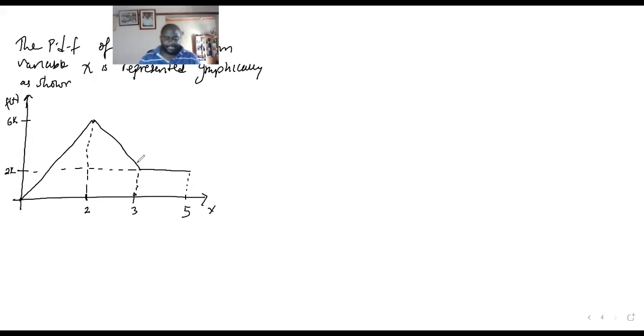Okay, they are all lines. This is 0. We have here 4K. Who can predict for me the mode straight away? Two. Correct.